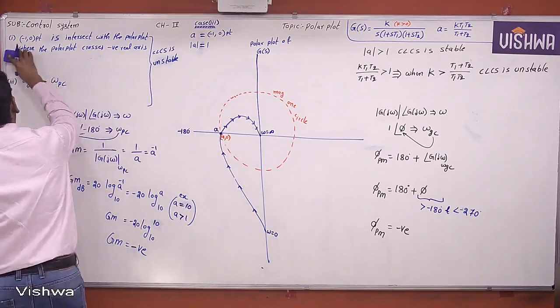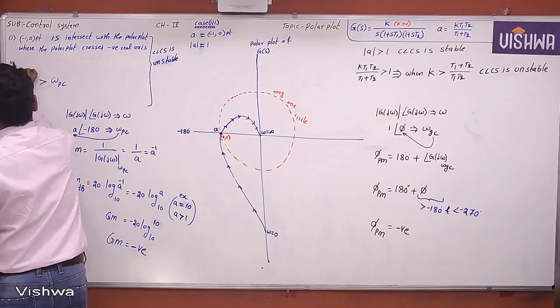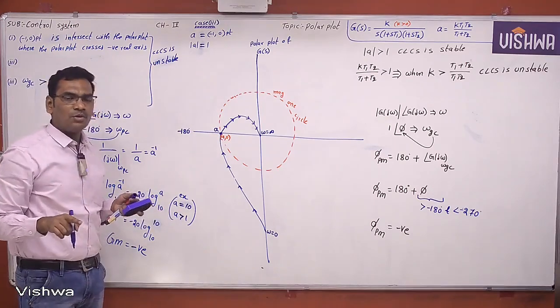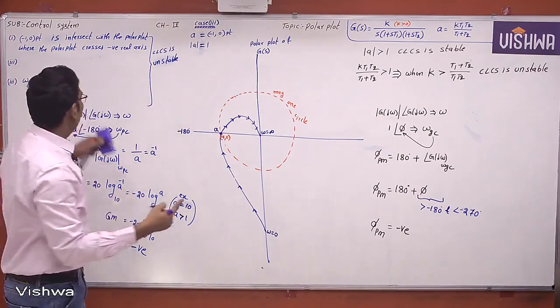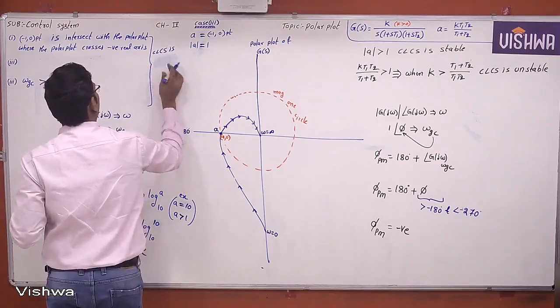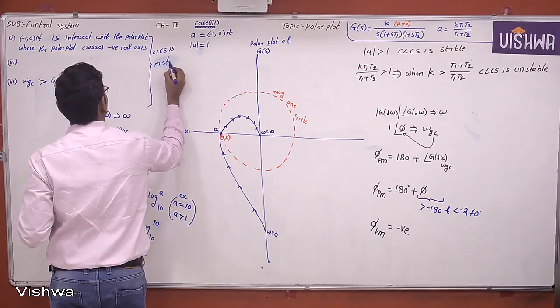Now, if both perfectly intersect, what happens? If not enclosed, stable; enclosed, unstable. If exactly intersect, the closed loop control system is definitely marginally stable.